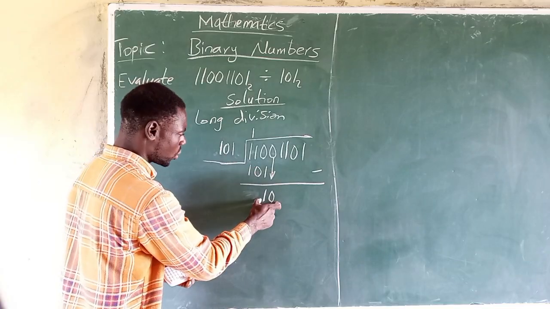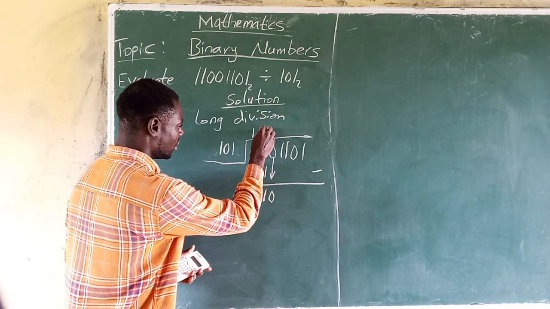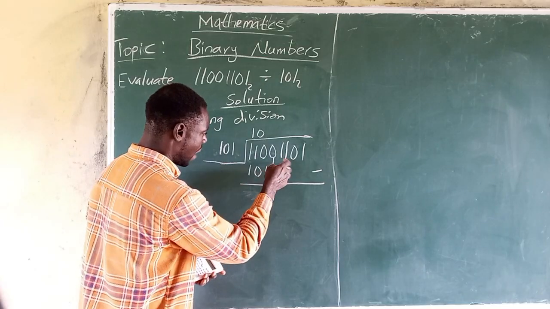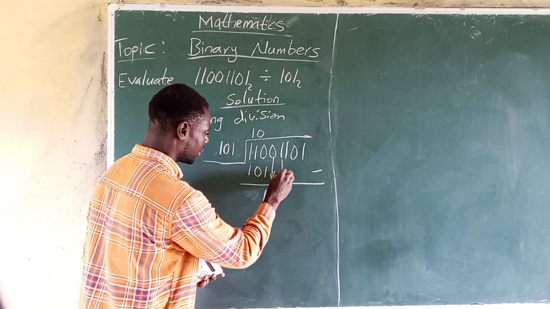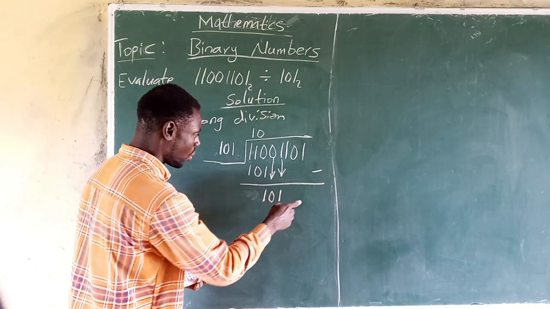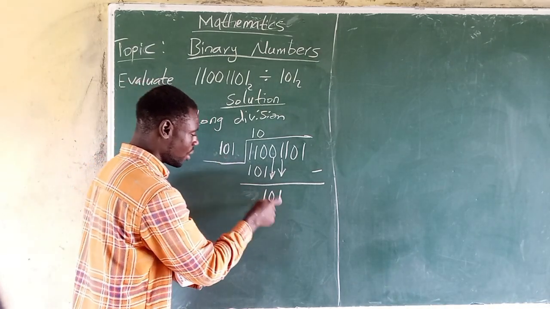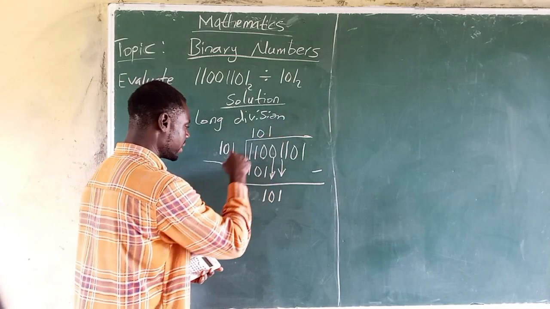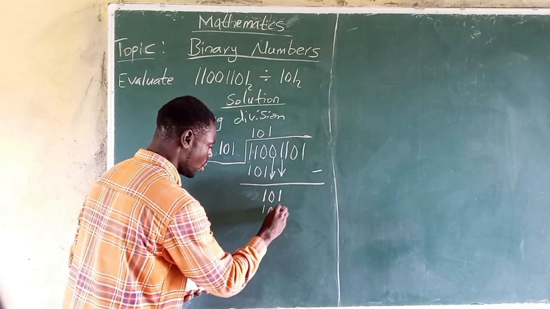This one cannot go into 10, so here becomes 0. Since it cannot go, you now bring this 1 down, it becomes 101. Can 101 go into this? Yes, it can go. How many times? 1 time, right? 1 times this value gives you 101.